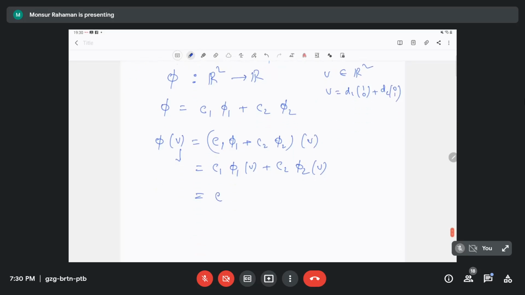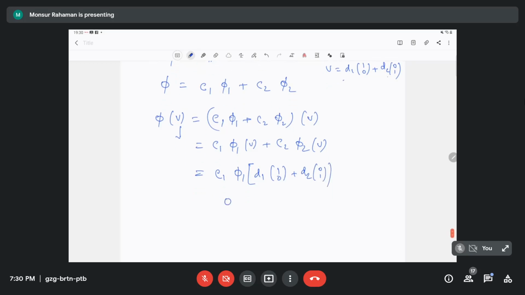So C1 phi 1 we can write directly here, because D1 D2, so this will result only D1, because roughly if you look here at D2 (0,1), this one will break, because it is a linear functional. So D1 phi 1 (1,0) plus D2 phi 1 (0,1). So this will only result 1 and this will be 0. So here only D1 will survive.